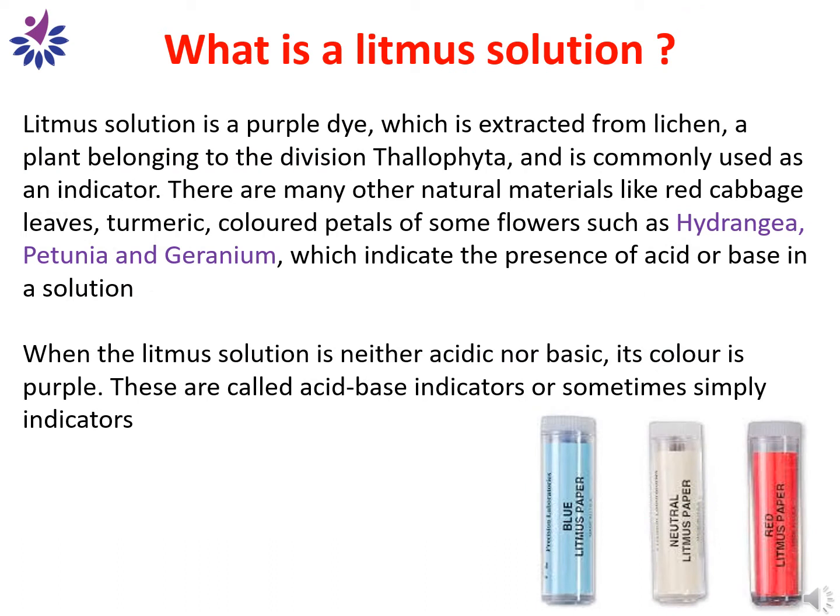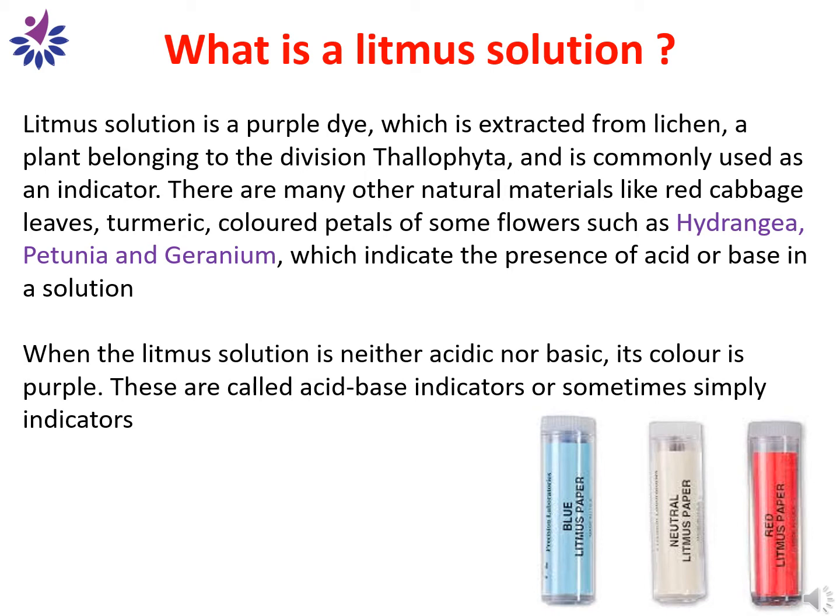I mentioned that litmus solution is a type of pH indicator. But how is litmus solution formed? The actual color of litmus solution is purple, which is extracted from lichen, a plant belonging to the division Thallophyta. This is commonly used as an indicator.